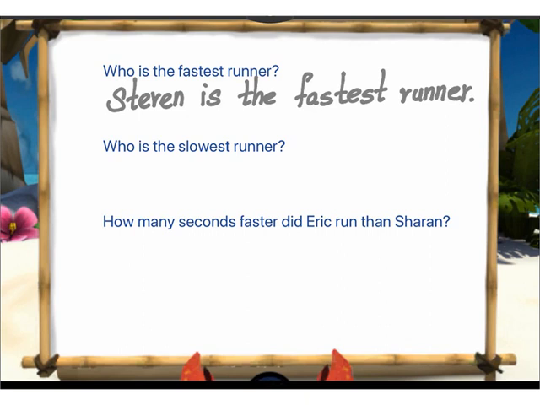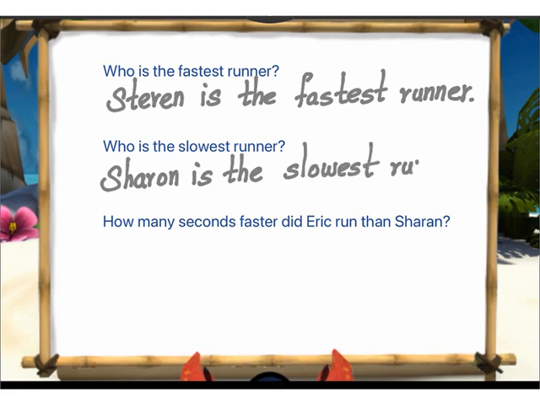Who is the slowest runner? We know that Sharon is the slowest runner because the data shows us that she ran 100 meters in the most number of seconds, that is 24 seconds. So the statement will be, Sharon is the slowest runner. Period.